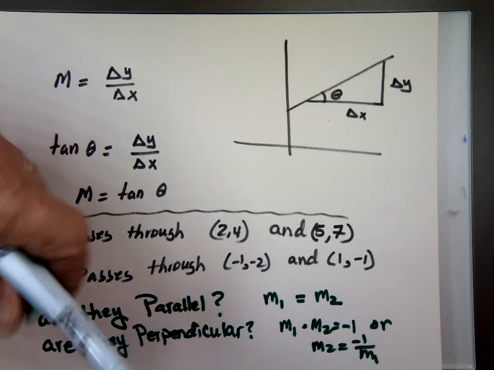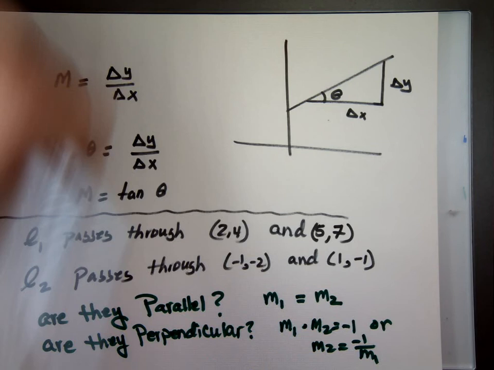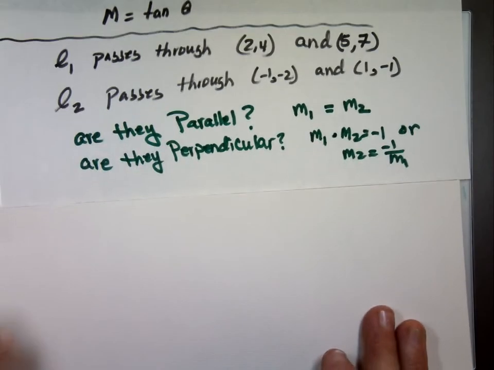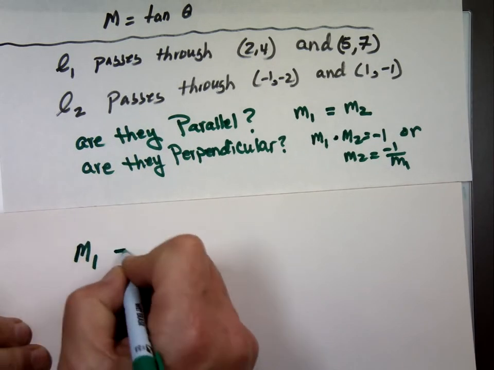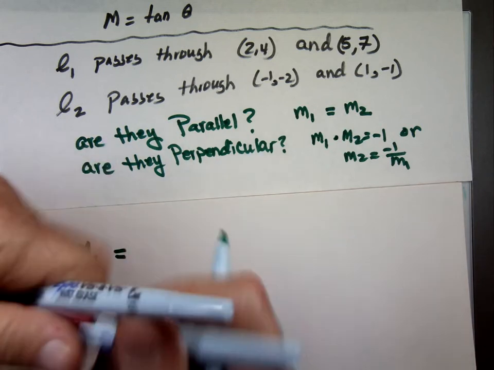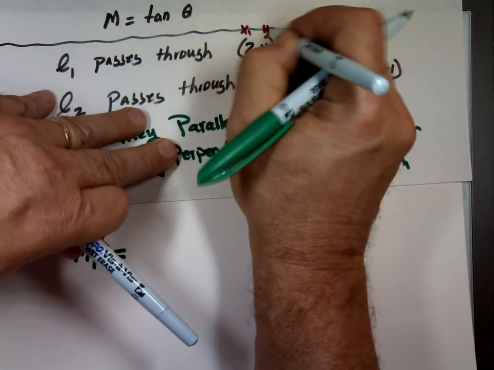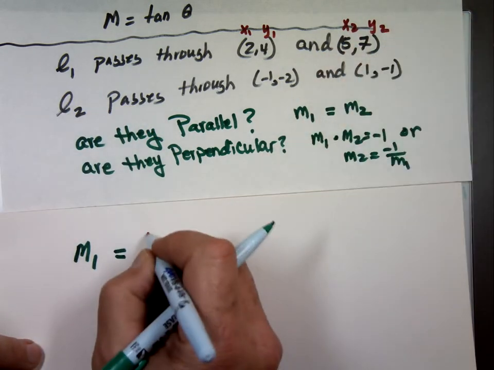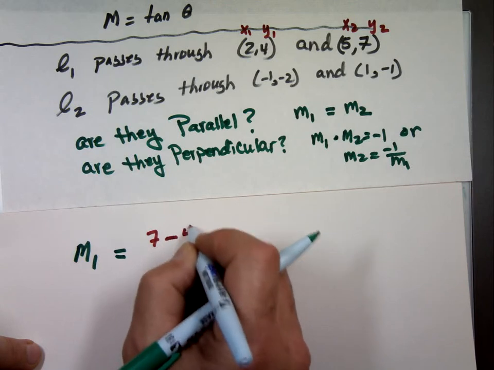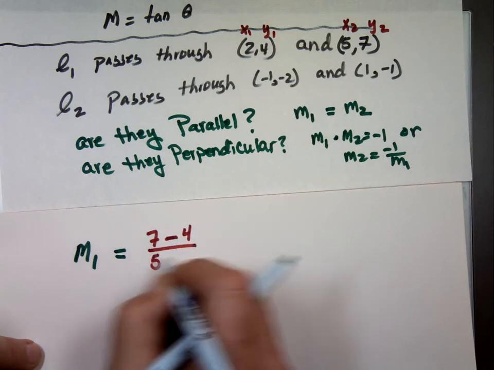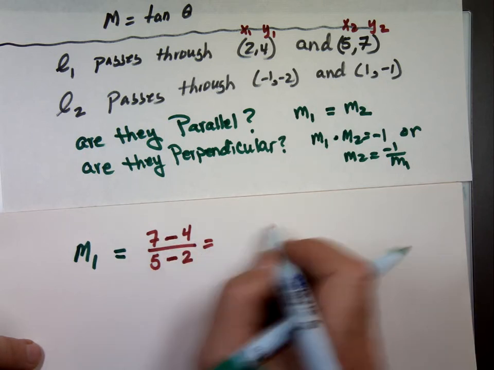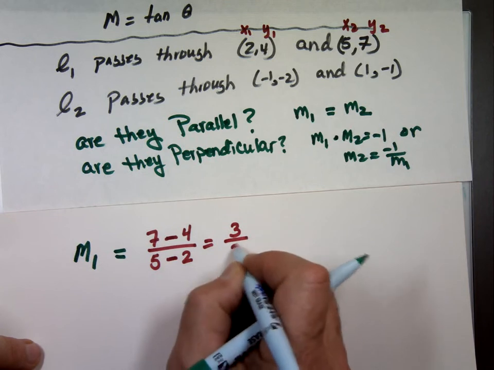So let's look at the problem I gave you here. What is the slope of the first line? Let's label these x1, y1, x2, y2. It's going to be 7 minus 4 over 5 minus 2. 7 minus 4 is 3, 5 minus 2 is 3, slope is 1.